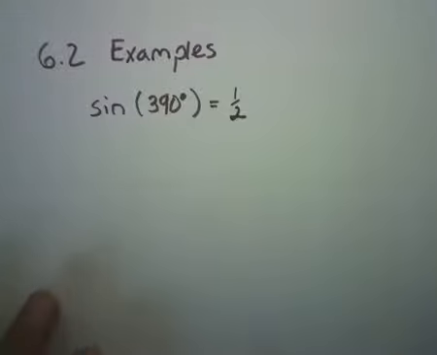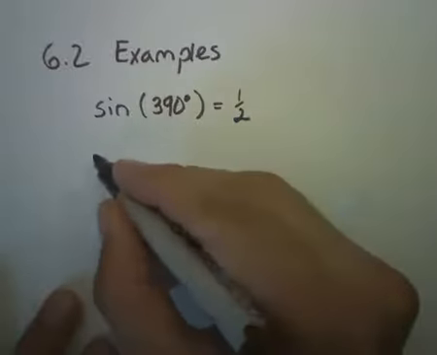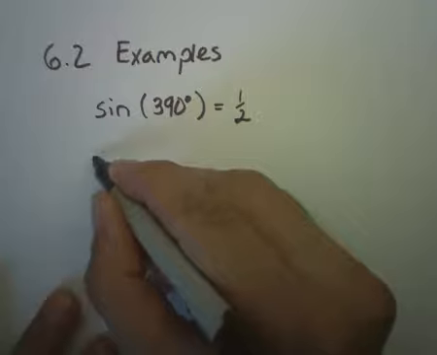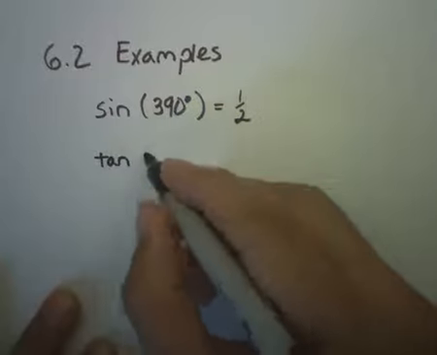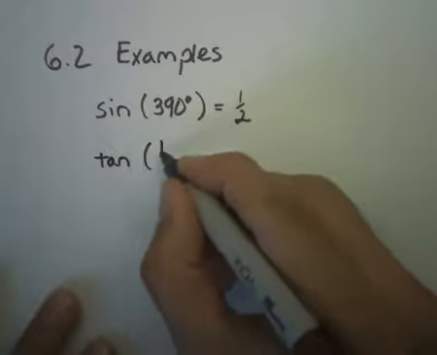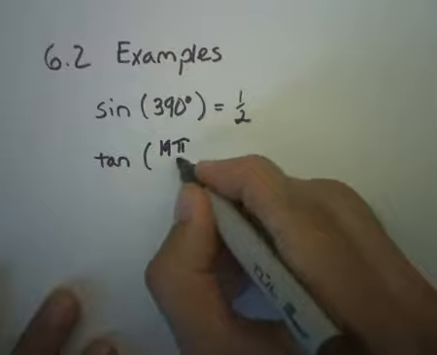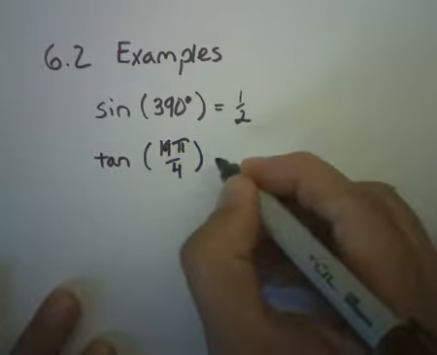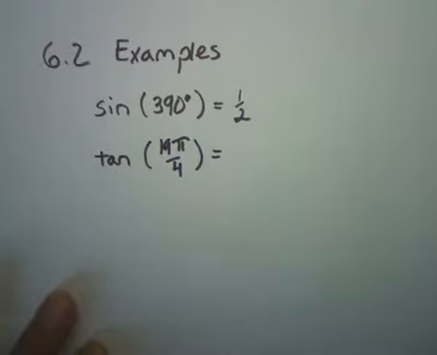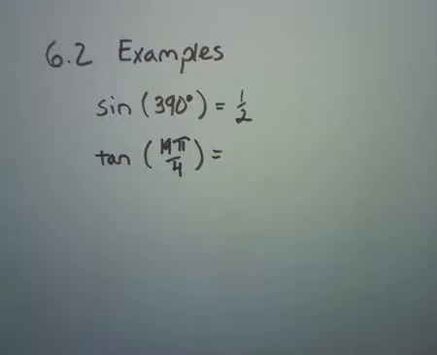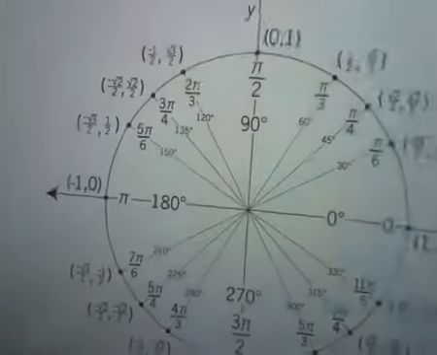And let's do another one in radians. So let's say we wanted the tangent of 19 pi over 4. And really, it's still just a matter of figuring out where we're at on the unit circle when we go 19 pi over 4 around the unit circle.